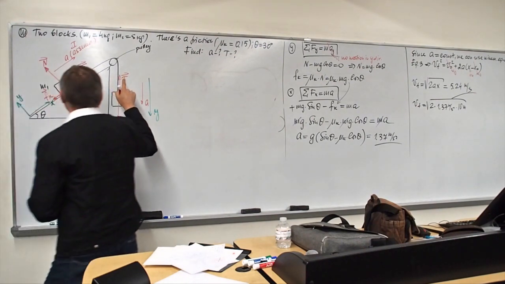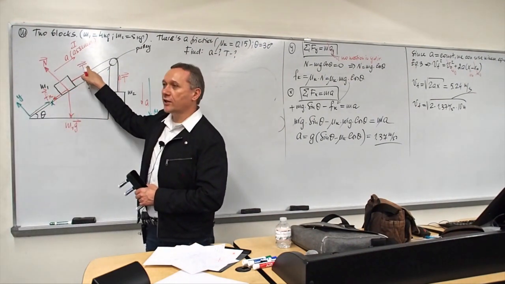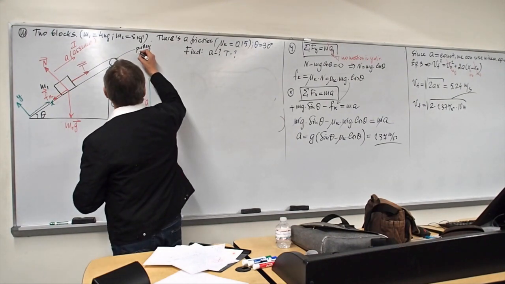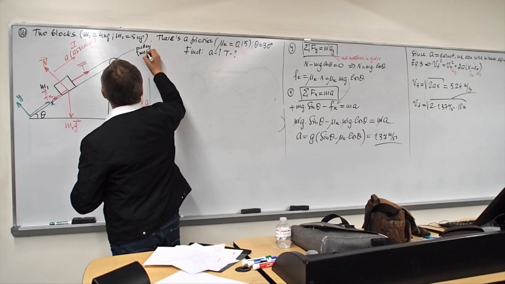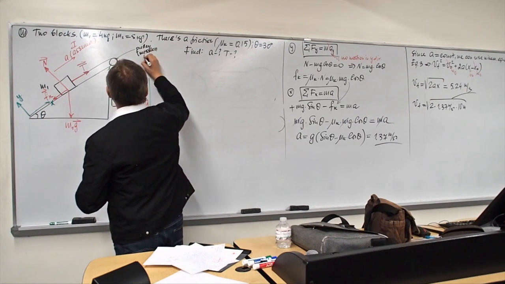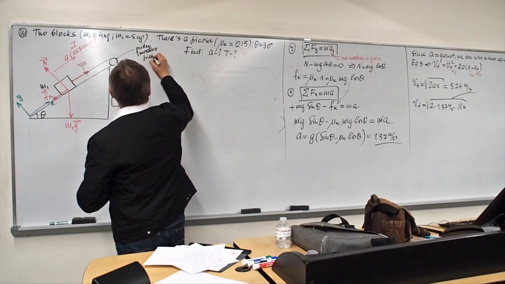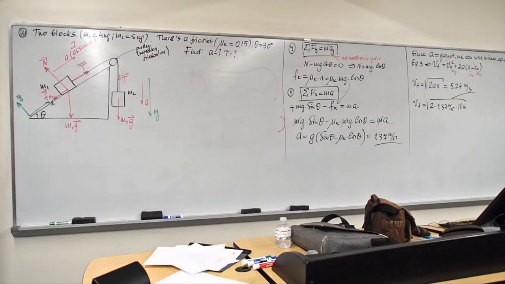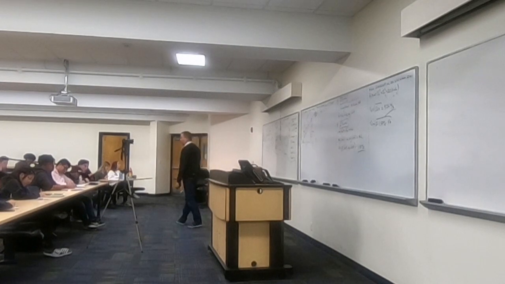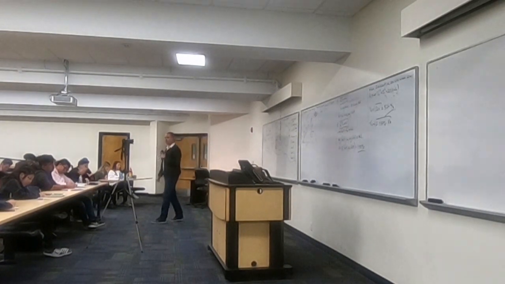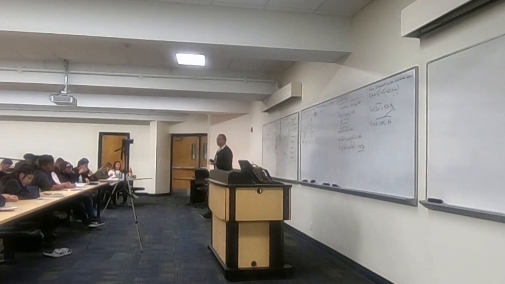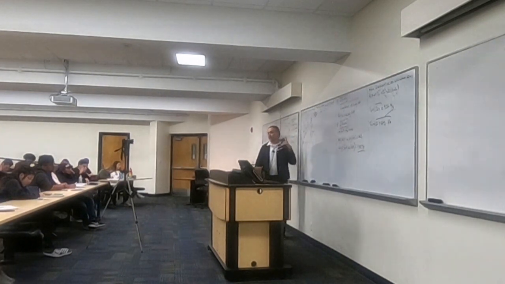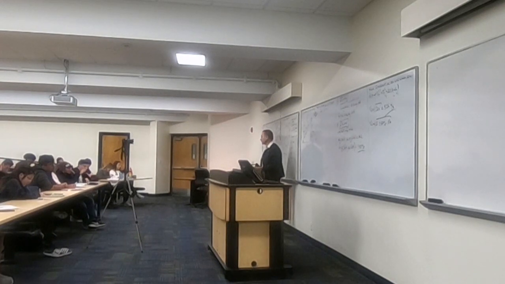And the magnitude of this tension and that tension is the same because we assume that the pulley is, maybe I will emphasize, massless and frictionless. If a pulley is massless and frictionless, it doesn't change the tension in the cord. But again, maybe in a month or month and a half, we will start looking at cases where the pulley is not massless and the tension will be different here and here, but not now. For now, tension is the same.